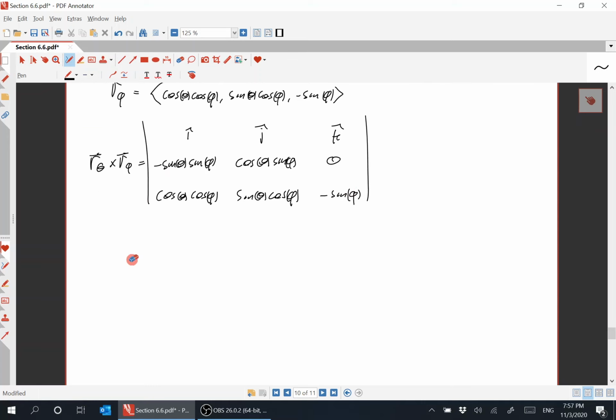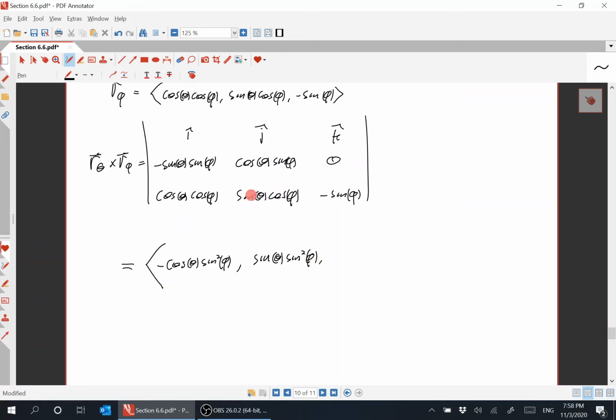So that cross product is, now there's going to be a lot of simplifications here. In the i coordinate, minus sine squared phi cosine theta. In the j coordinate, this minus that, it's 0 minus minus minus that, so that's sine theta sine squared phi.